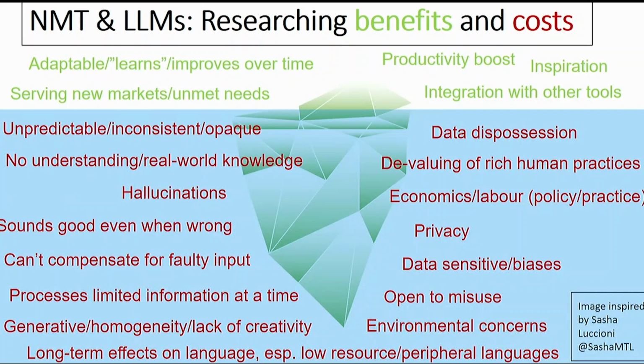So we know that they can only process a limited amount of information at a time, but we have to explore how limited, what boundaries are there, and if we choose to use machine translation, do we need to adapt the input to improve the output? There could be other reasons why we don't want to do that.